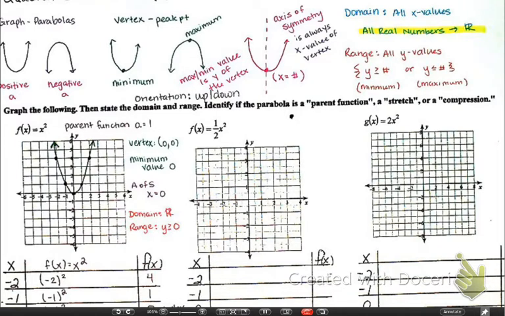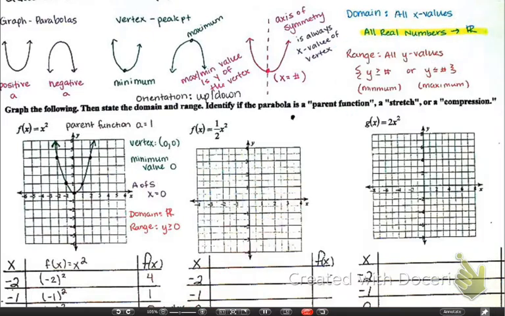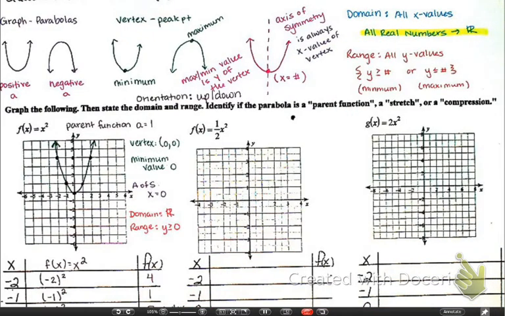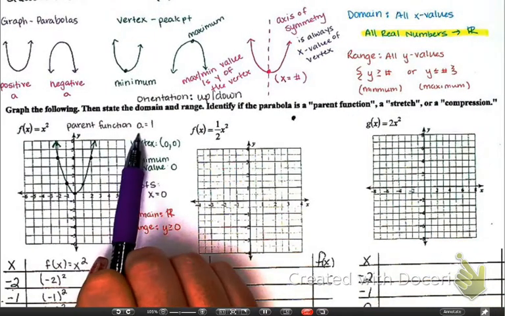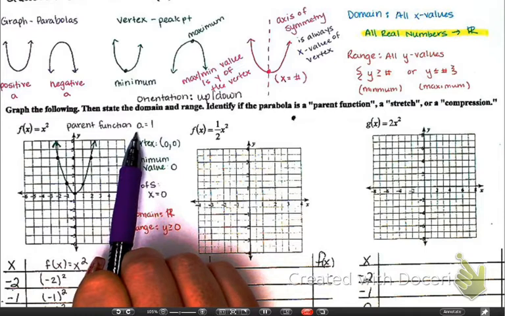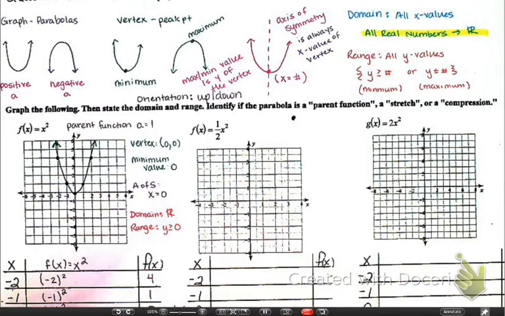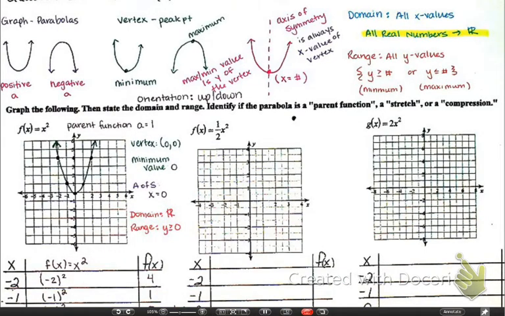Can we try the second one? Something's going to change a little bit though. What do you notice about the a value? Our a value in this first one was what? 1. What's our a value in this next one? 1/2. Right?